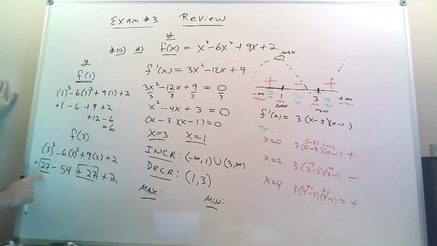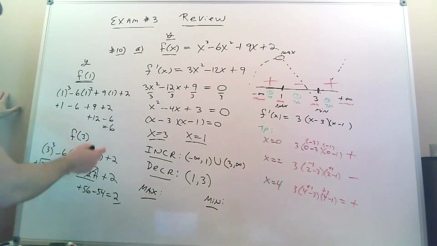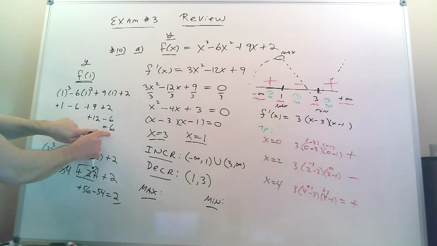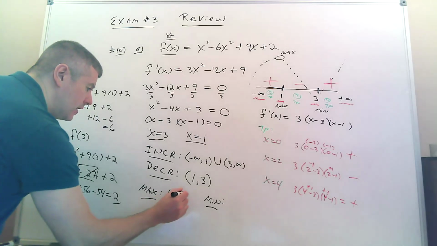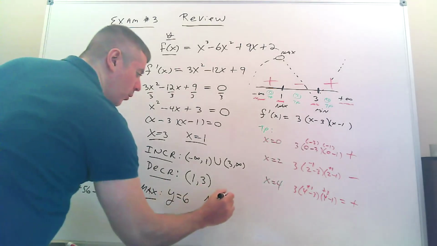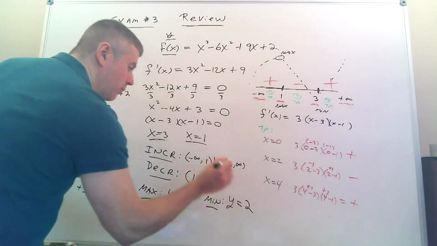When you add these numbers together, you get 54. And then when you add 2, you get 56. So you get 56, take away 54, which is just 2. So it actually comes out really nice. I mean, these all cross out, and you just get 2 left over. So that is indeed smaller than that. That means my maximum y value is 6, and my minimum y value is 2.